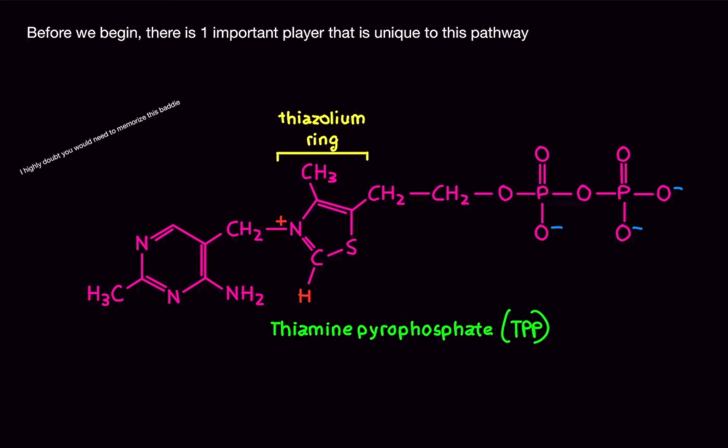By the way, there's a very low chance that you can memorize this entire baddie. This is a huge molecule. Unless you have an eidetic memory, this is a stupid thing to memorize. What you really need to know is this thiazolium ring. Everything else is garbage. And you'll notice a theme in this video: a lot of garbage, but one little useful part.